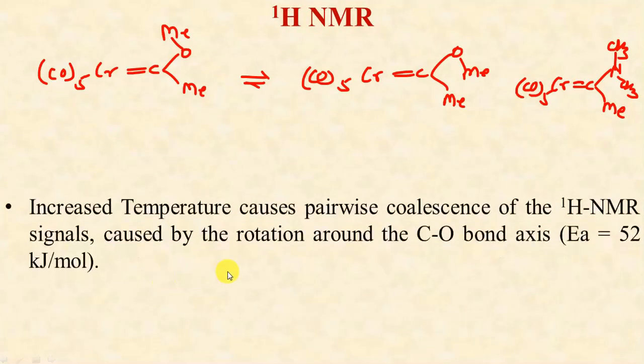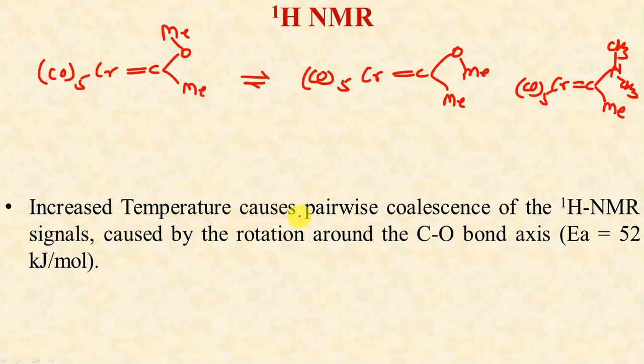So if temperature is increased, then what happens? The increased temperature causes pairwise coalescence of the proton NMR signals, because when temperature is increased, the molecule starts rotating around the carbon-oxygen and other carbon-carbon single bonds, and due to those rotations we will get some equivalent types of structures.